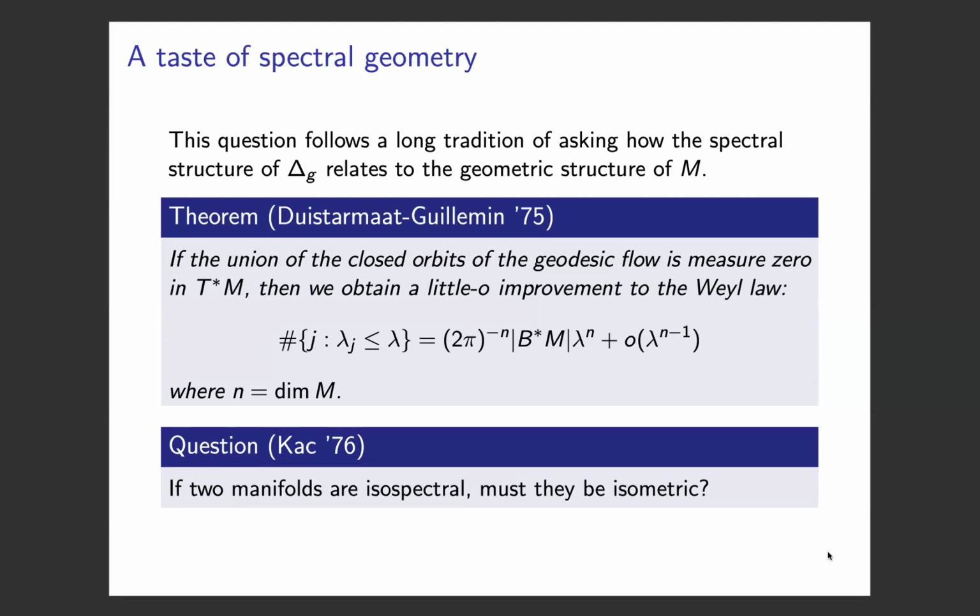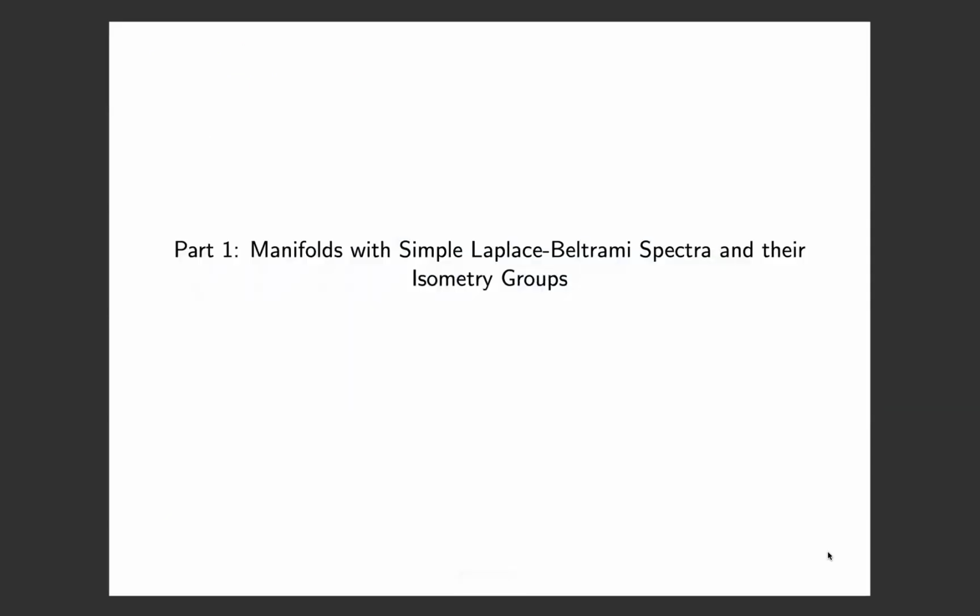The problem has a long and celebrated history. I'm going to segue into a variation on that question today, but first, to introduce the problem, let's talk a bit about manifolds with simple Laplace-Beltrami spectra and the relationship to the isometry groups.